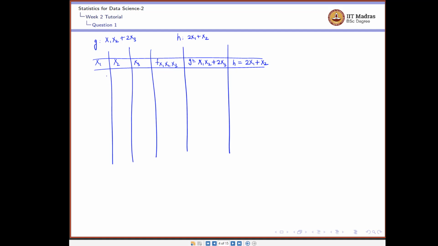Now for each of the possible values that x1, x2 and x3 are taking, we will see what values g and h are going to take. Alright, so each one of them had probability 1 upon 8.